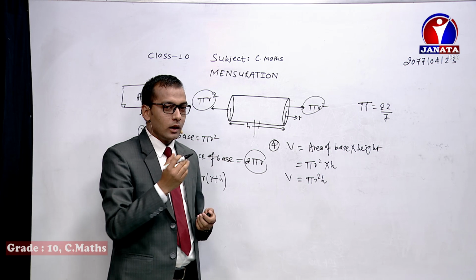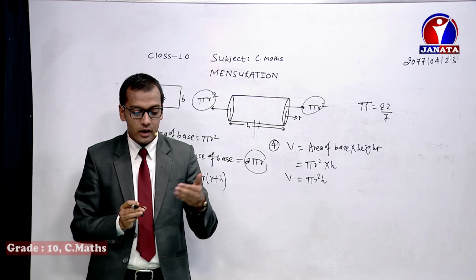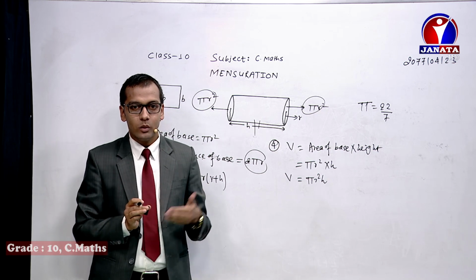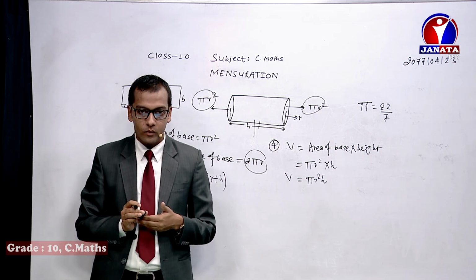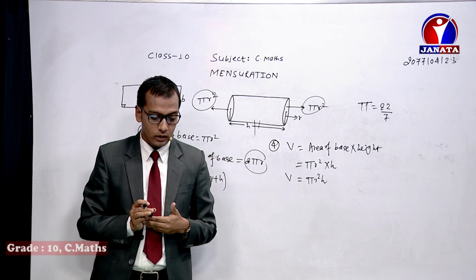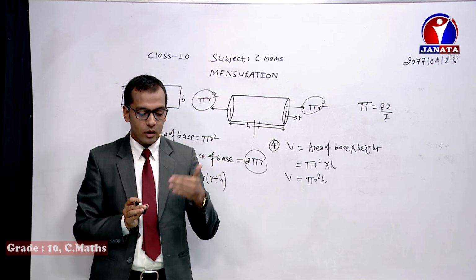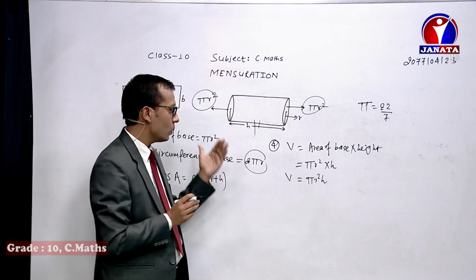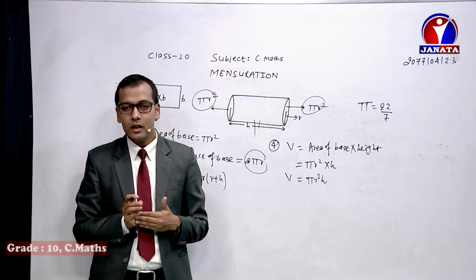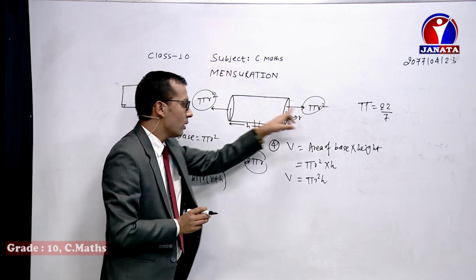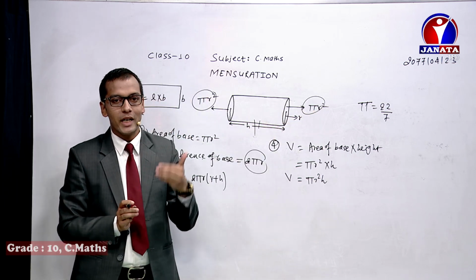Similarly, after knowing radius and height, we can also calculate other terms of this solid, like curved surface area, total surface area, volume, and area of circular faces. There are two circular faces, so the area of circular faces is pi r square plus pi r square, meaning 2 pi r square.